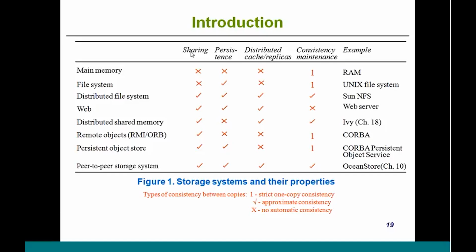So it is kind of consistent, slow changing, but at any point of time you can read out the particular distributed file system storage and get the same data back. An example could be the Sun NFS, which we will study in detail now.